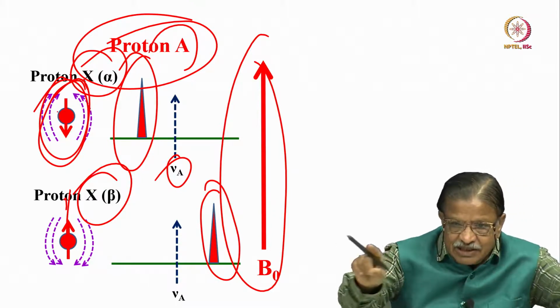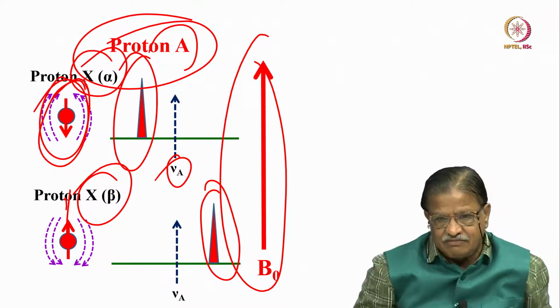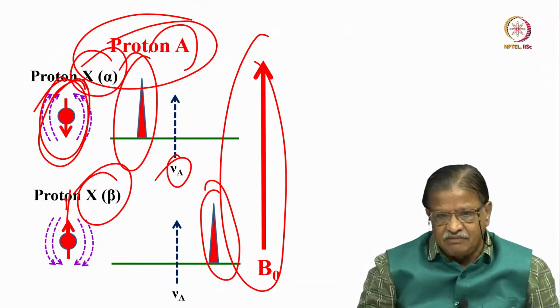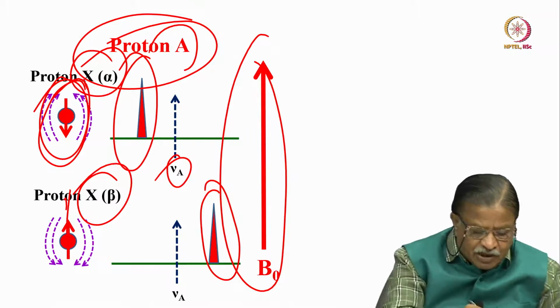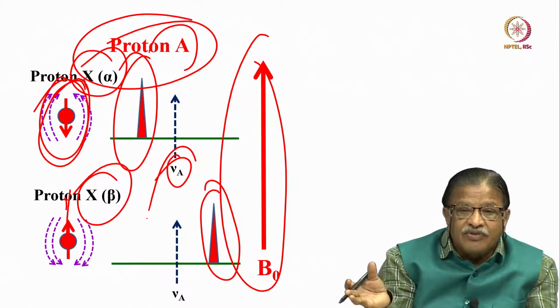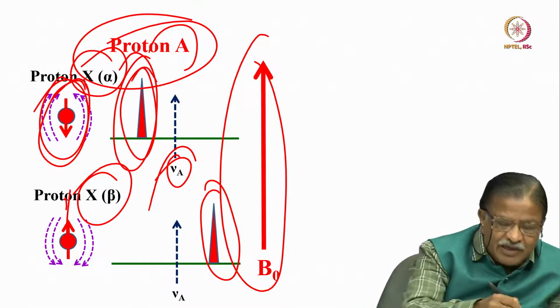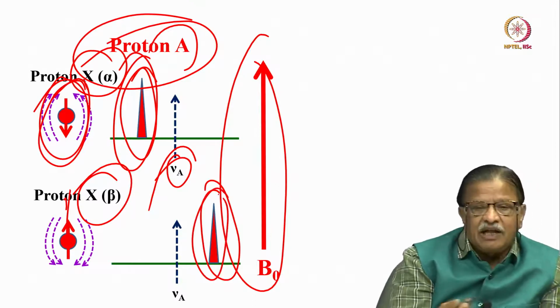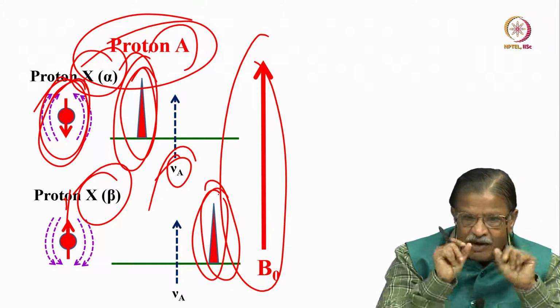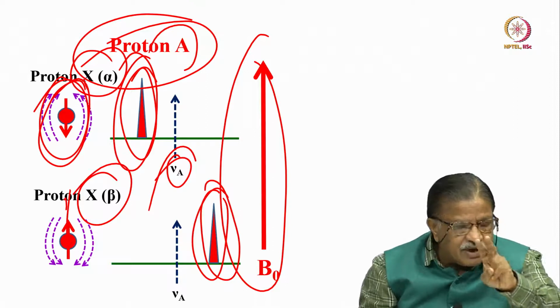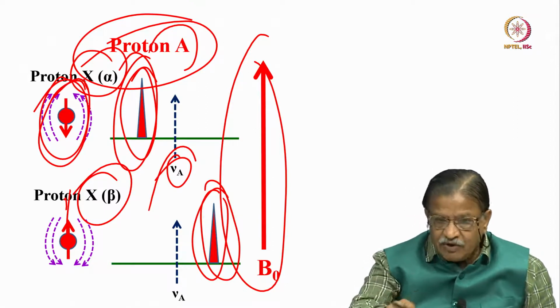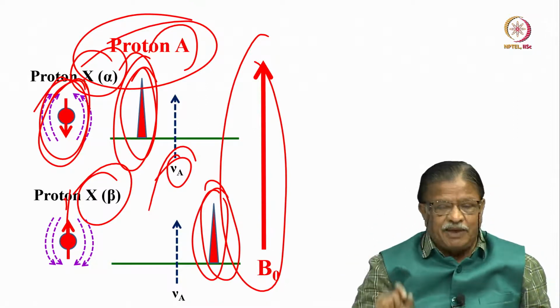As a consequence it has 2 peaks, 2 resonance frequencies, because it sees 2 energy states. The magnetic fields experienced by this proton A are 2 different things, one is B naught plus a small value and the other B naught plus a larger value. So, there are 2 magnetic fields it sees, as a consequence you get 2 peaks. This is because of 2 different orientations of the coupled spin.